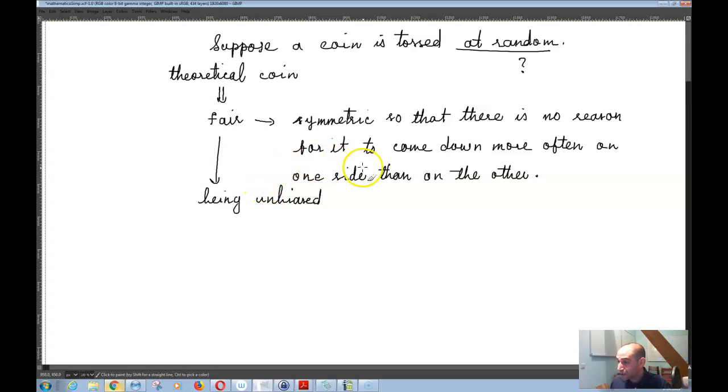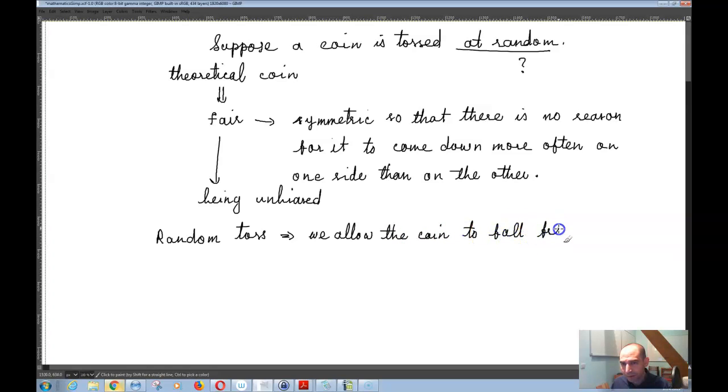And the other point that we need to take into consideration is that when we say a random toss, what we mean is that we allow the coin to fall freely without any bias or interference.